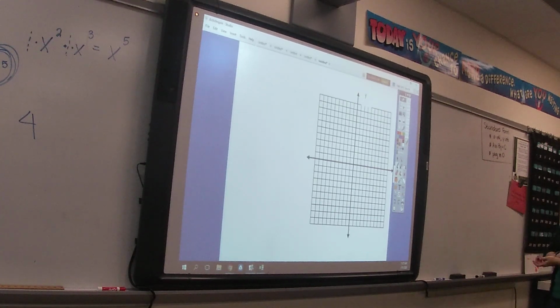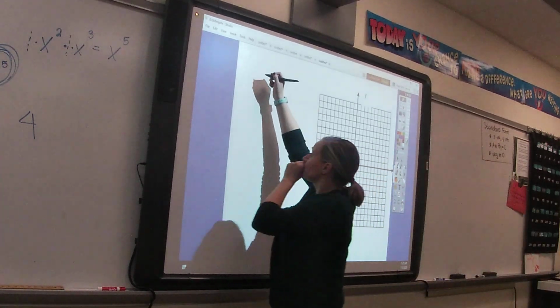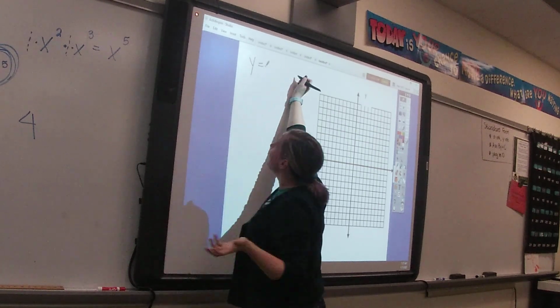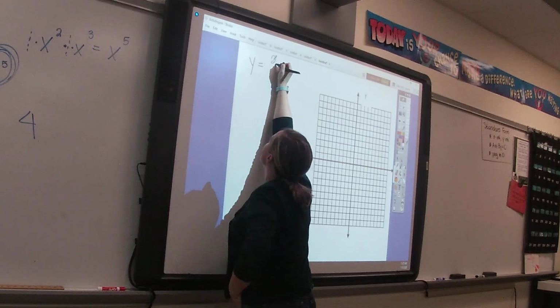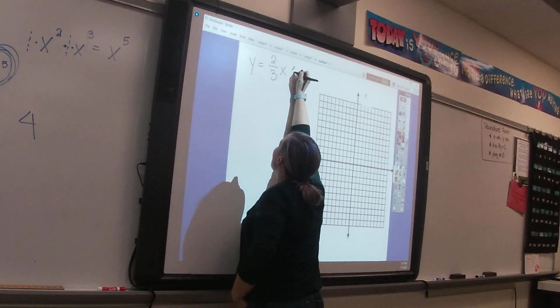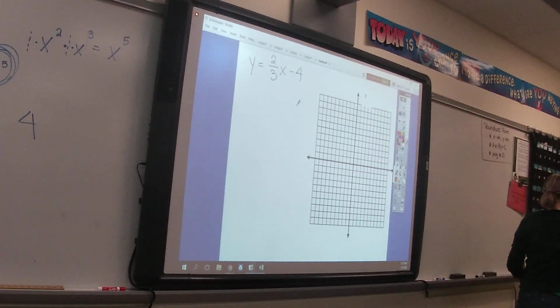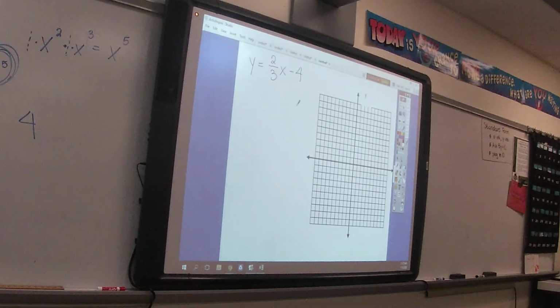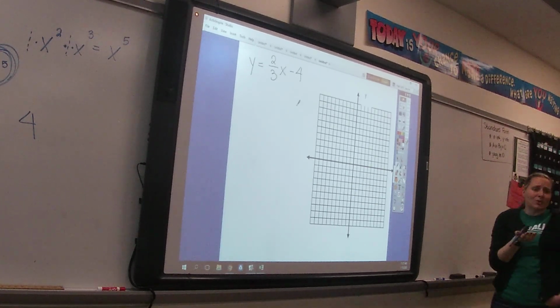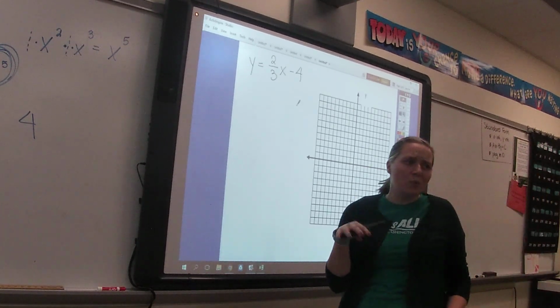When we are graphing in slope-intercept form, let's say we want to graph y equals 2/3 x minus 4. I think like with most things, our first objective is always what's important.